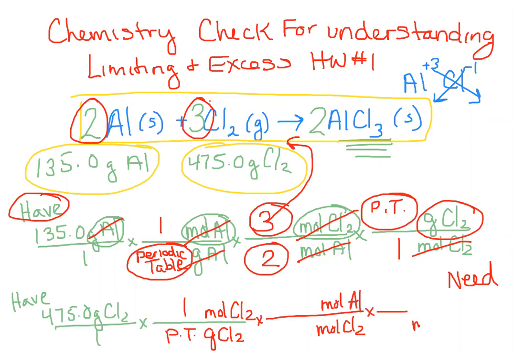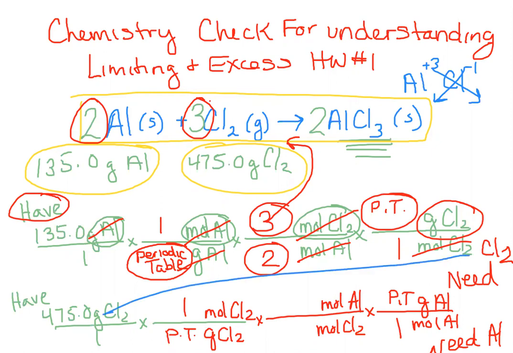And then moles of aluminum to grams of aluminum. This comes from the periodic table. And you're going to have what you need of aluminum. And up here, you had what you need of chlorine. So then you're going to say what you need of chlorine and what you have, what you need of aluminum and what you have. And then you're going to decide which one is the limiting reactant.